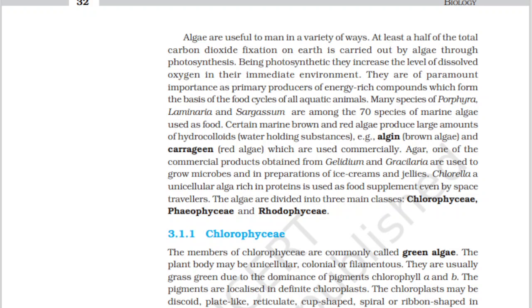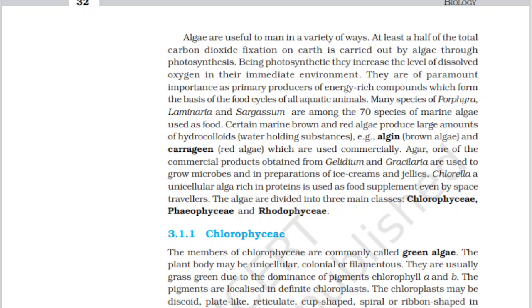Being photosynthetic, they increase the level of dissolved oxygen in the immediate environment. How? By the process of photosynthesis, the concentration of dissolved oxygen will increase wherever algae are present.